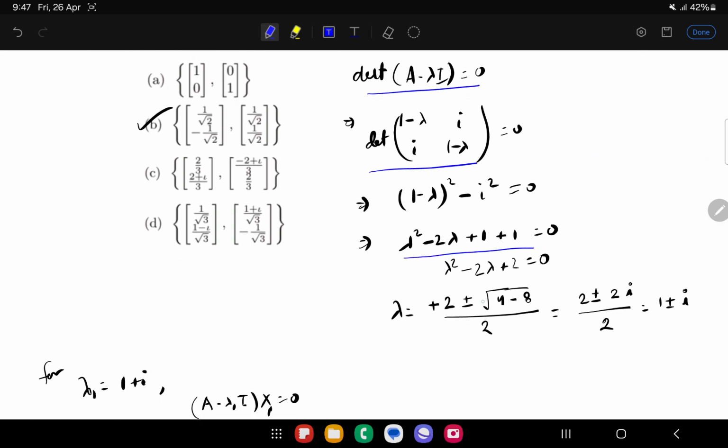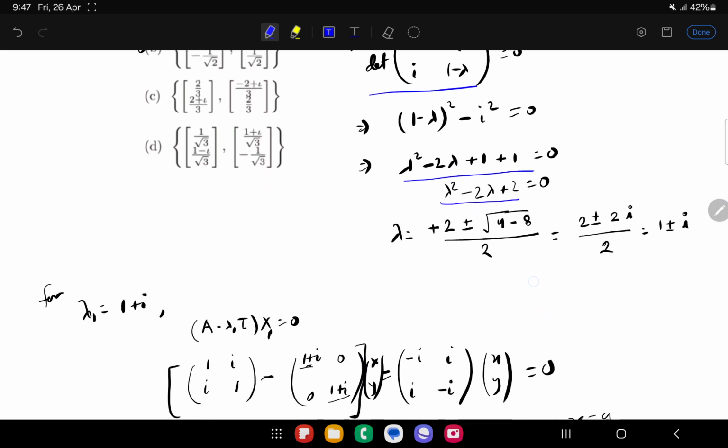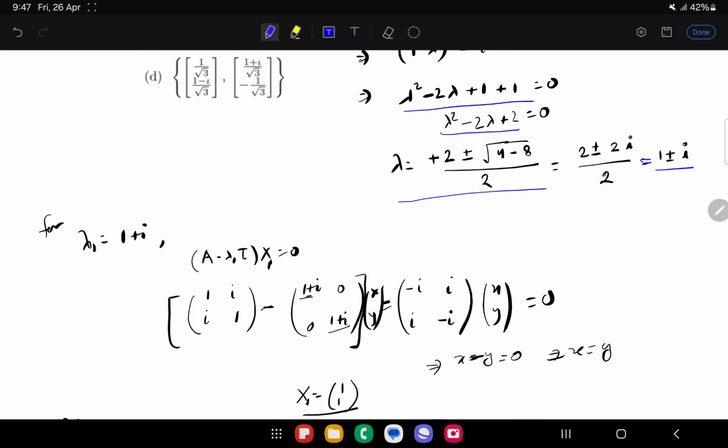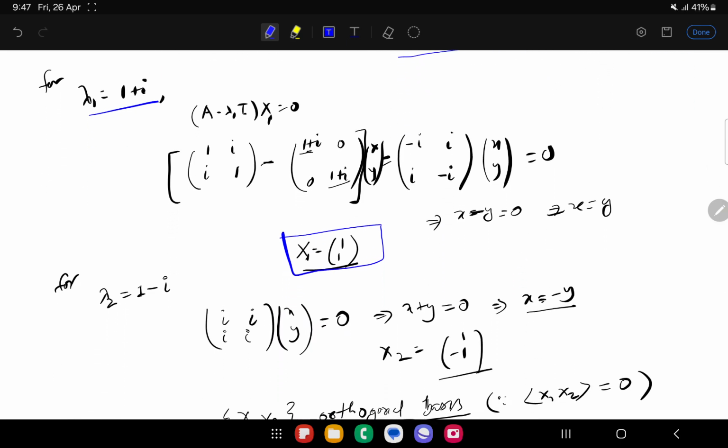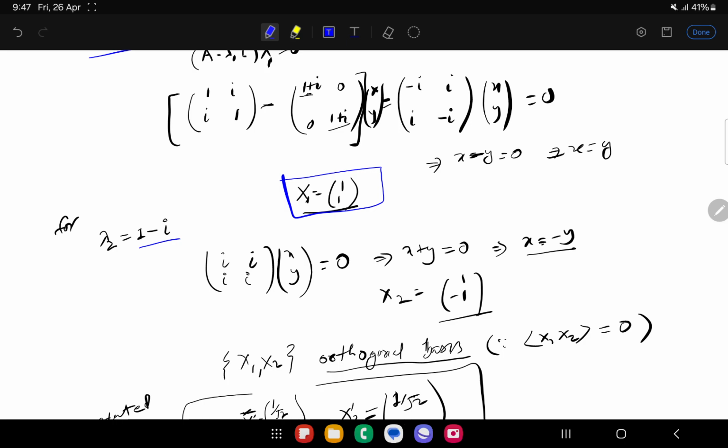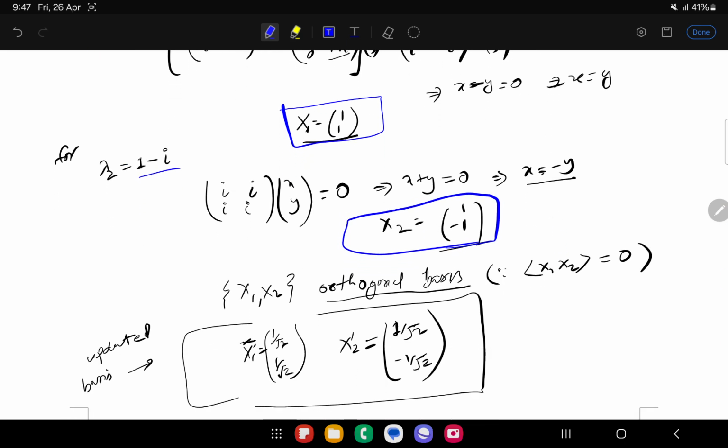This calculation shows that the characteristic polynomial is lambda square minus 2 lambda plus 2, which gives eigenvalues 1 plus i and 1 minus i. For lambda equal to 1 plus i, we have eigenvector x1 equal to 1, 1. For lambda equal to 1 minus i, we have eigenvector 1, minus 1.